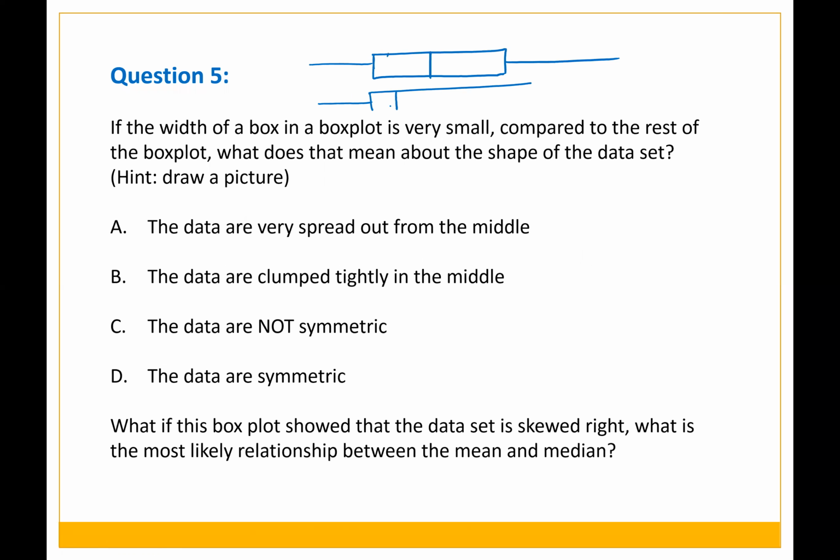Here you have one box plot that is very small in width, and one that is very long. What does it mean about the shape of a data set? It only means that these values are very tight together, and Q1 and Q3 are very close together.